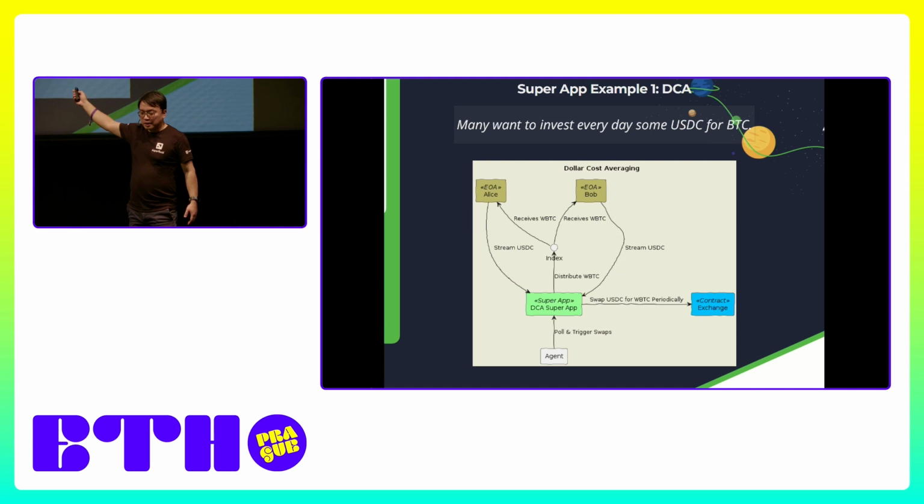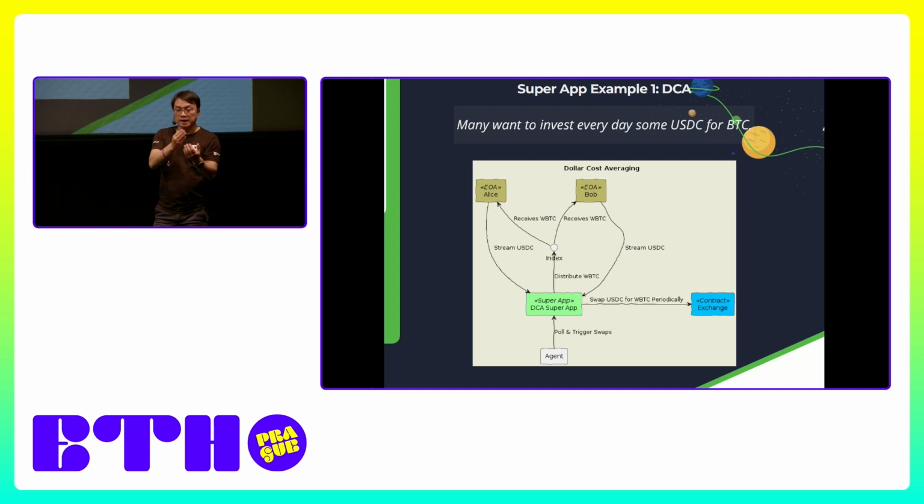The blue box is an exchange. The DCA can go to the exchange periodically to convert some of the USDC for BTC. The agent is the off-chain component that triggers this periodic job, right? Then Bob or Alice, who invested in this DCA super app, will get periodic distributions of wrapped BTC simply by sending the stream of USDC to the green super app.